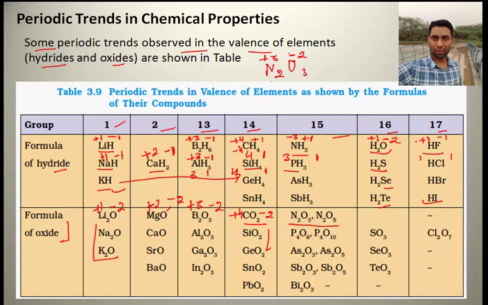So nitrogen valence will be 3 and for oxygen it will be 2. But if you see the other compound, N2O5, nitrogen will show +5 oxidation state, -2 for oxygen. So the valence shown by nitrogen will be 5 and that of oxygen will be 2. So two types of valence can be shown by these species. Same thing happens for the rest of the oxides of group 15.